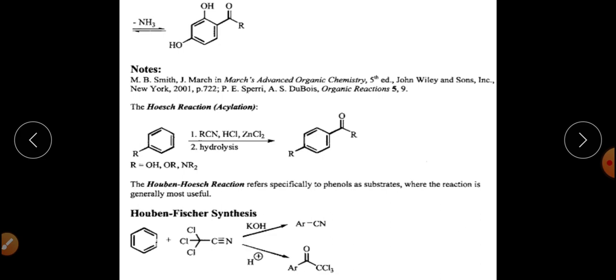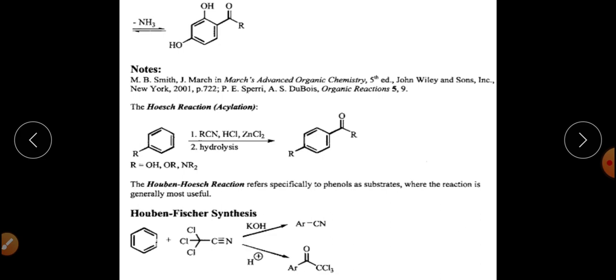Now if we are talking about the Hoesch reaction, in this particular Hoesch reaction we are taking this activated benzene ring in which the R group may be a hydroxyl group, maybe OR group or NR2 group, and again this is your reagent that can be used for the reaction, and COR group will be introduced to the benzene ring basically.